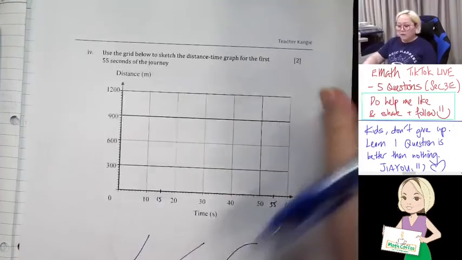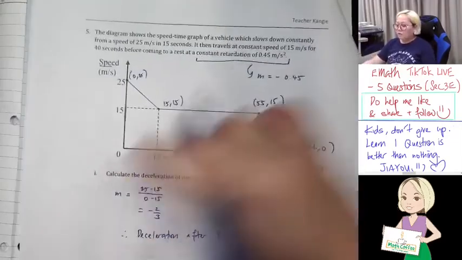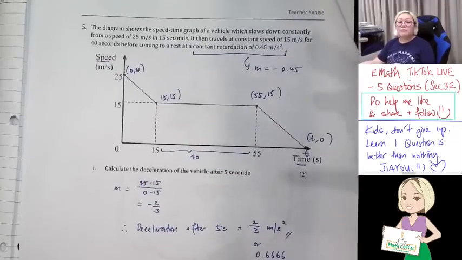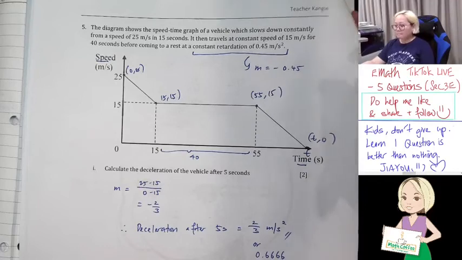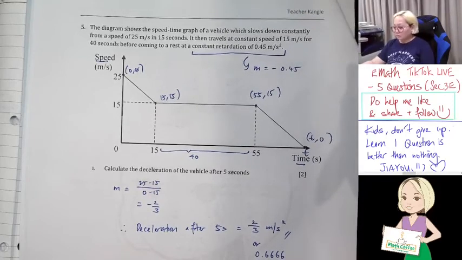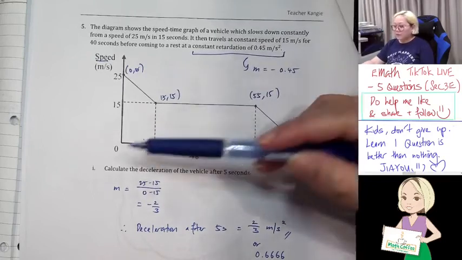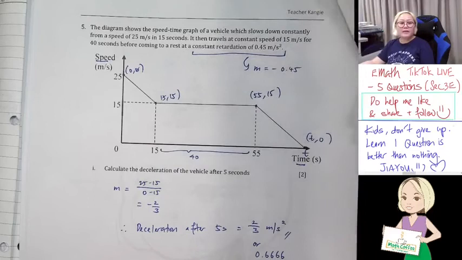So now, someone tell me from 0 to 15 and 9, not moving, accelerating, decelerating, or constant speed? Nobody can answer me. Good, decelerating.